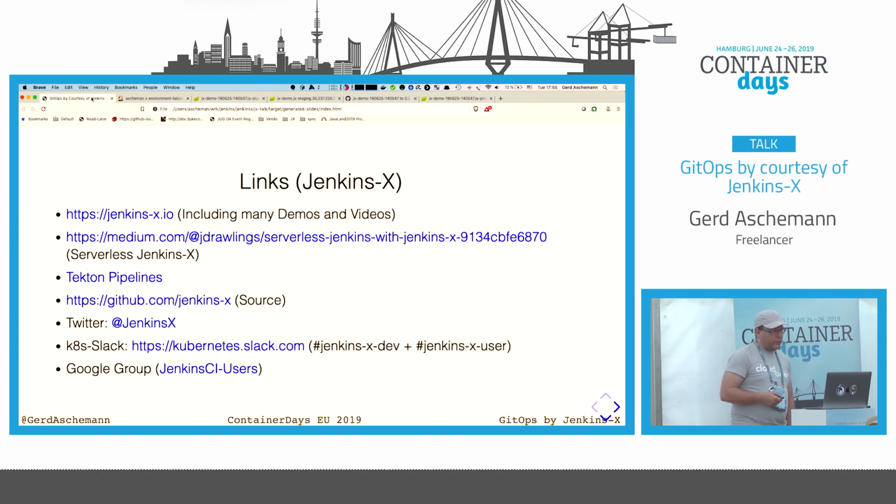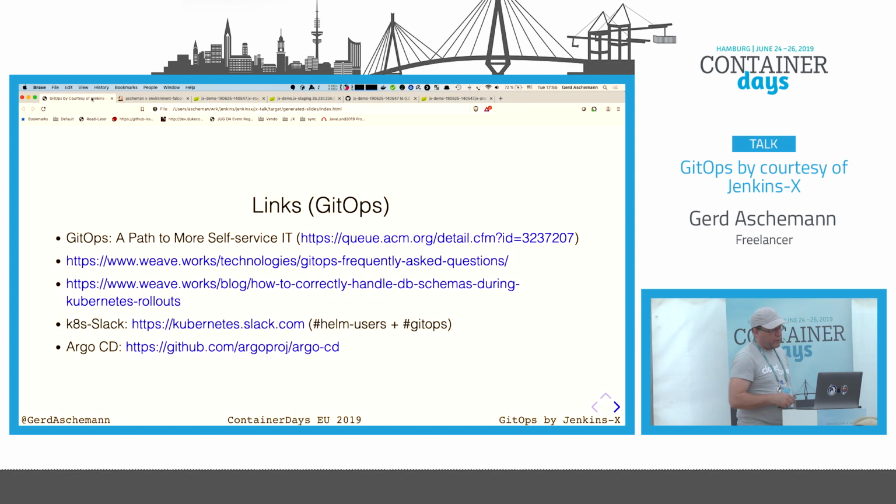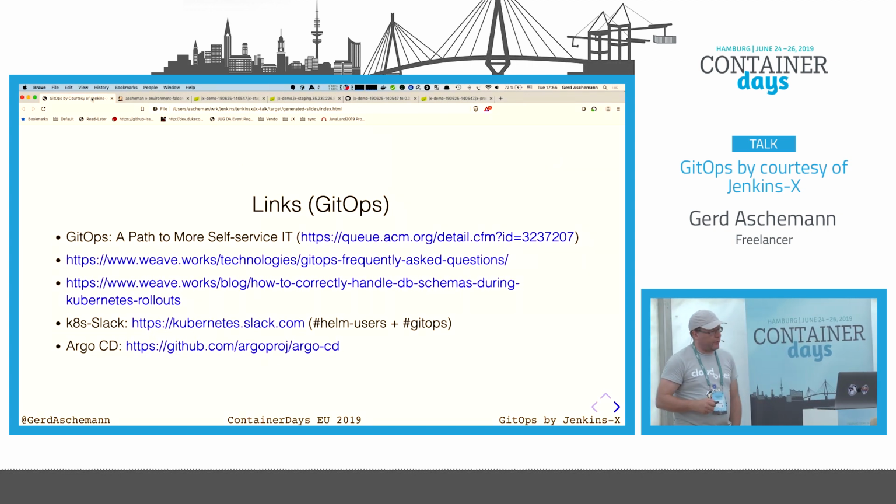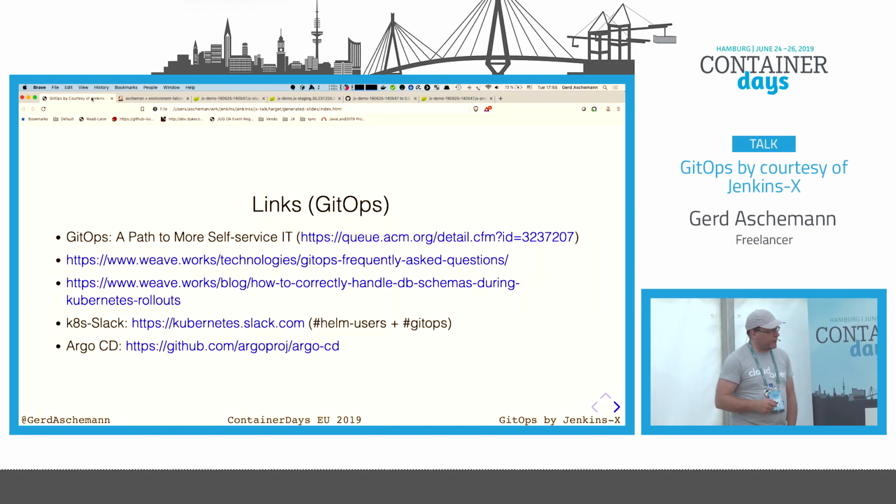And also some additional articles from medium.com, etc. And the same holds true for GitOps. There is also a lot of material where you can go into more details about GitOps.